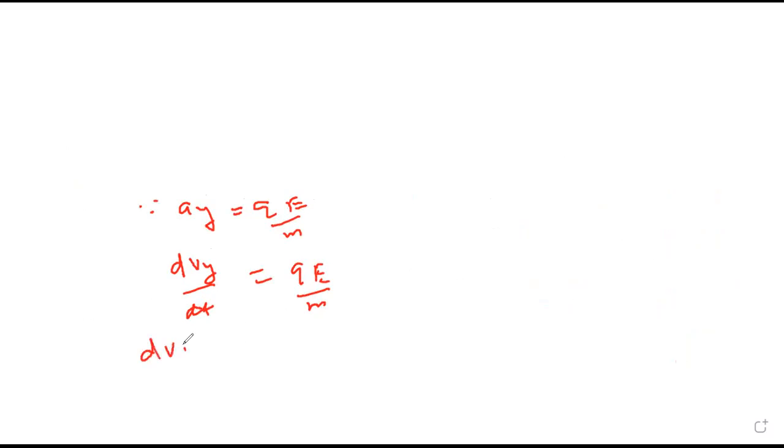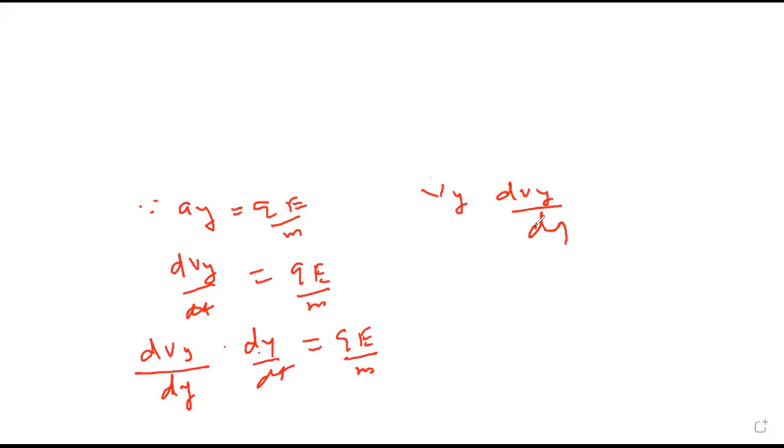This is the same as v dv/dy, because we want it in terms of the y coordinate. dy by dt is nothing but the velocity along y. So vy dvy is qE upon m into dy.